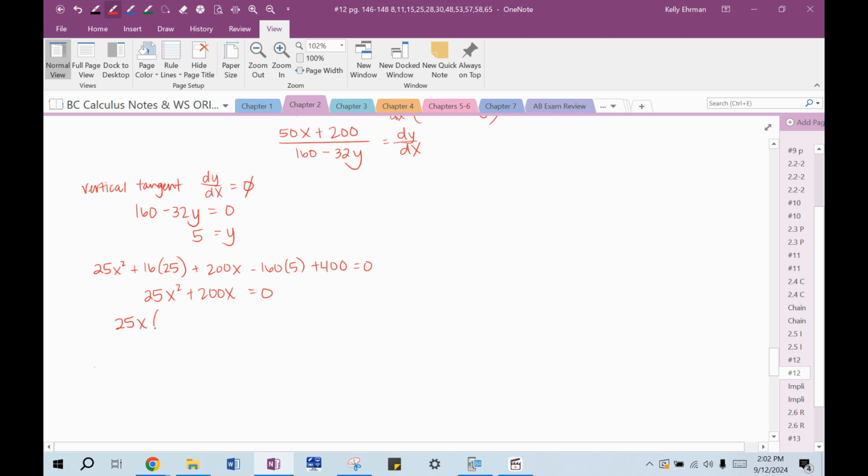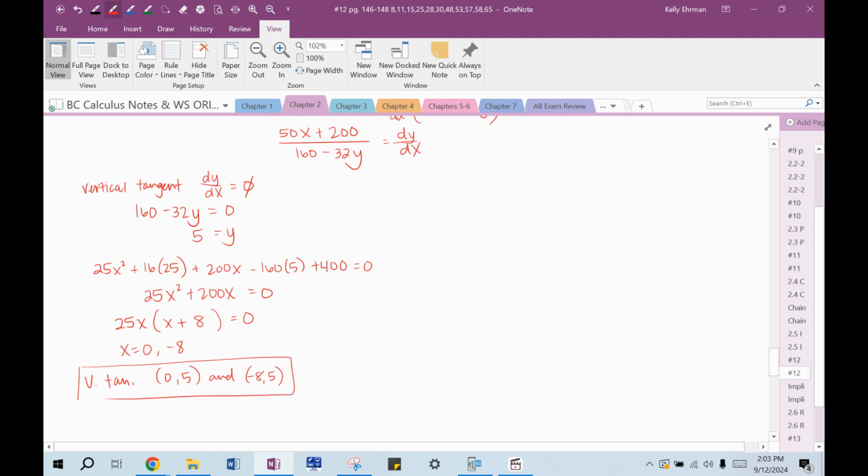Factor out a 25x, and you're left with x plus 8. And so the two solutions for x are 0 and negative 8. And remember, the question said, tell me the points where there are vertical tangents. So there are vertical tangents at 0 for x, 5 for y, and negative 8 for x, 5 for y.